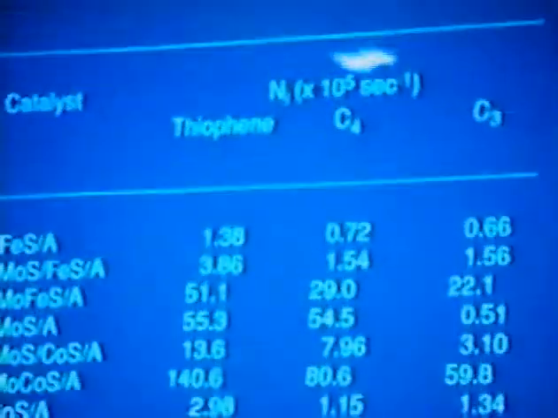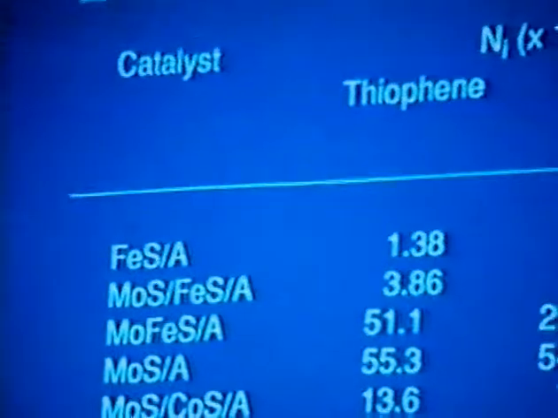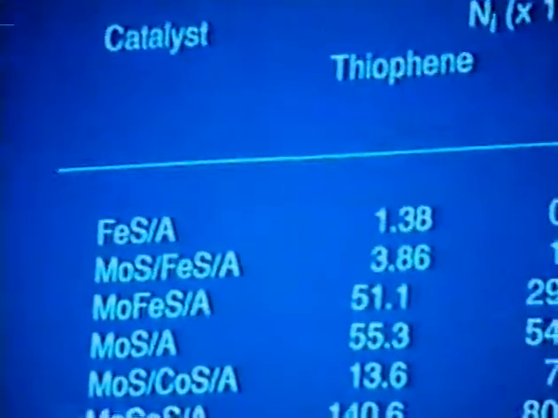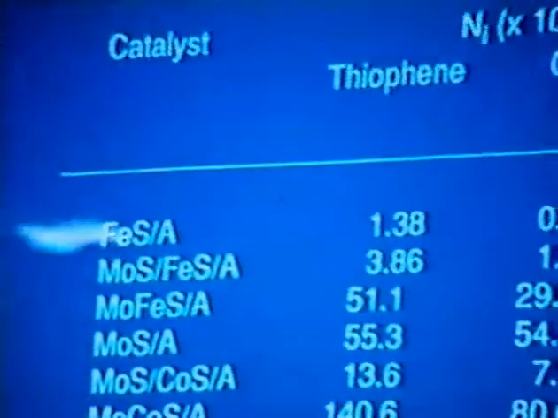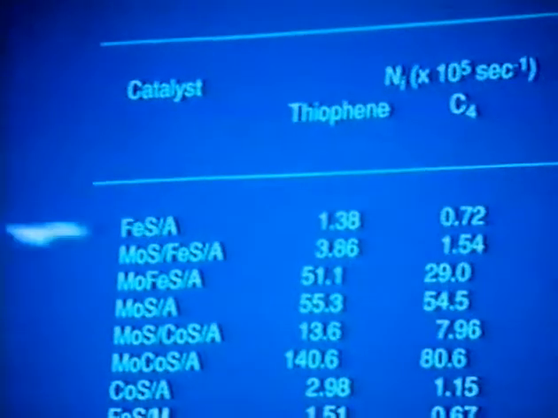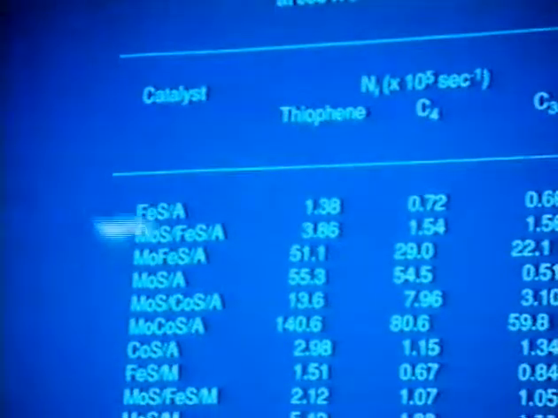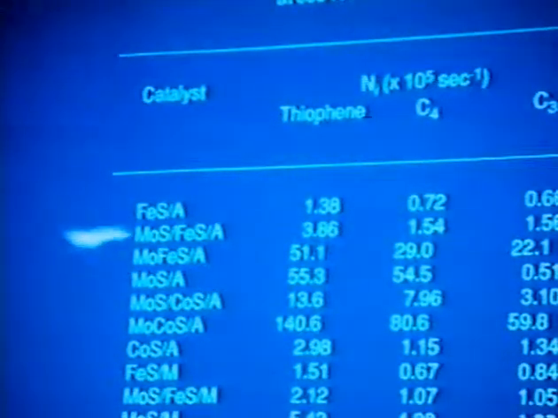This slide summarizes some of the turnover frequencies for thiophene HDS. Let's start with the alumina series, and we'll focus on the catalysts that were produced from the monometallic sulfide clusters.